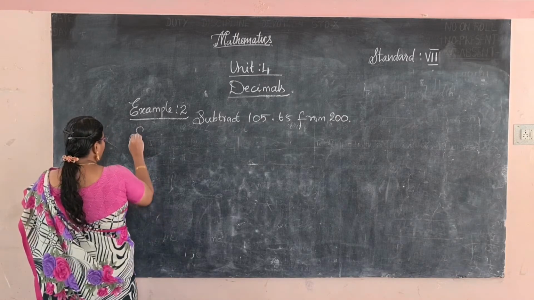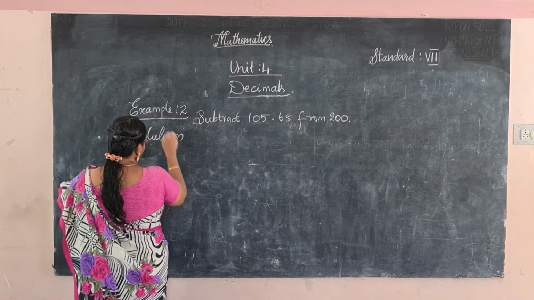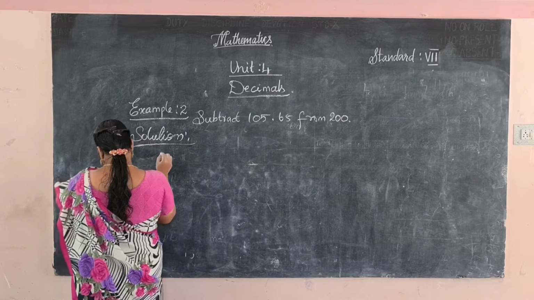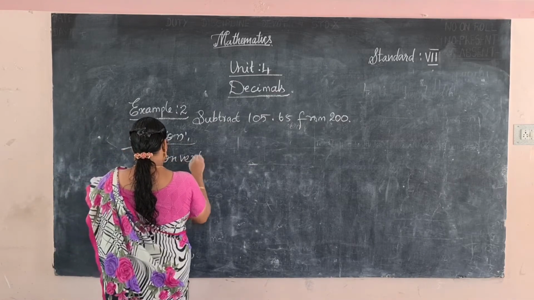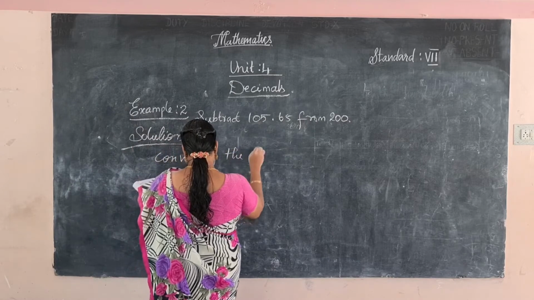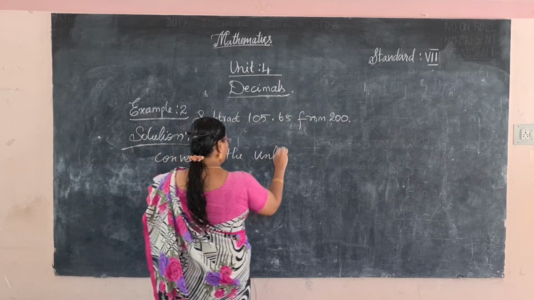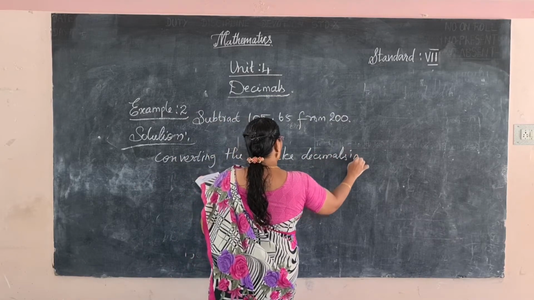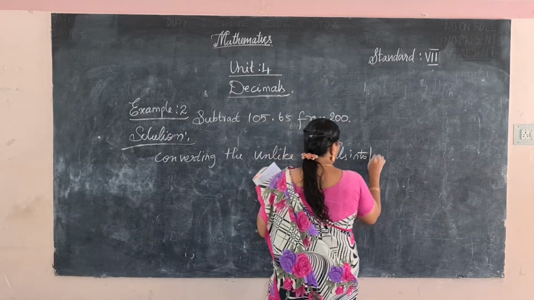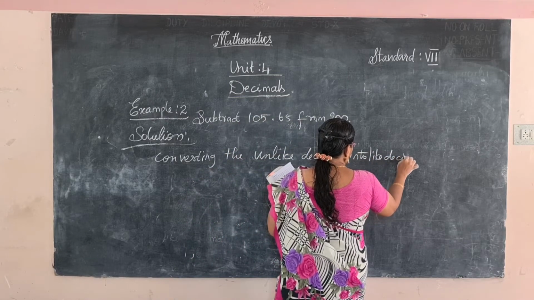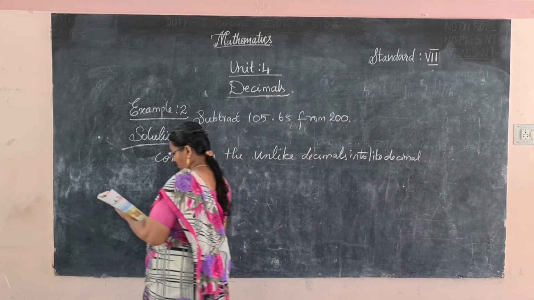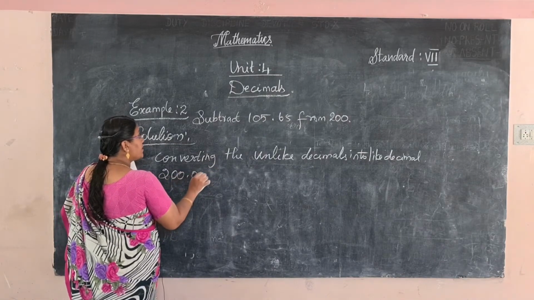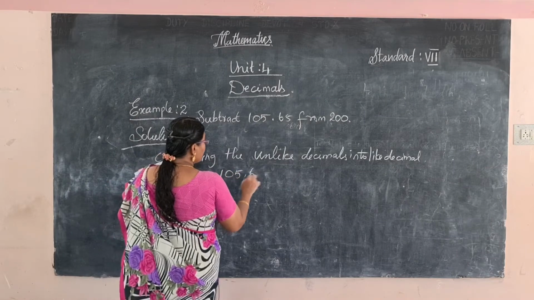Solution: first convert the unlike decimals into like decimals. So 200 becomes 200.00 and the other is 105.65.